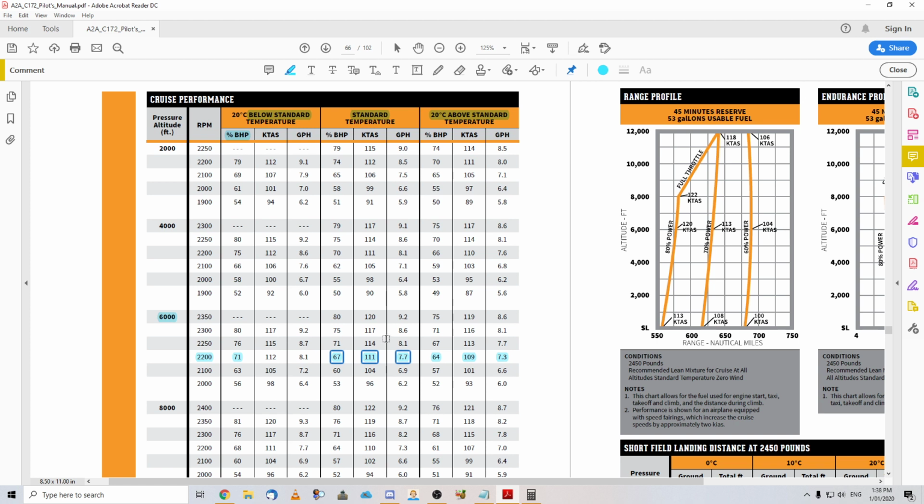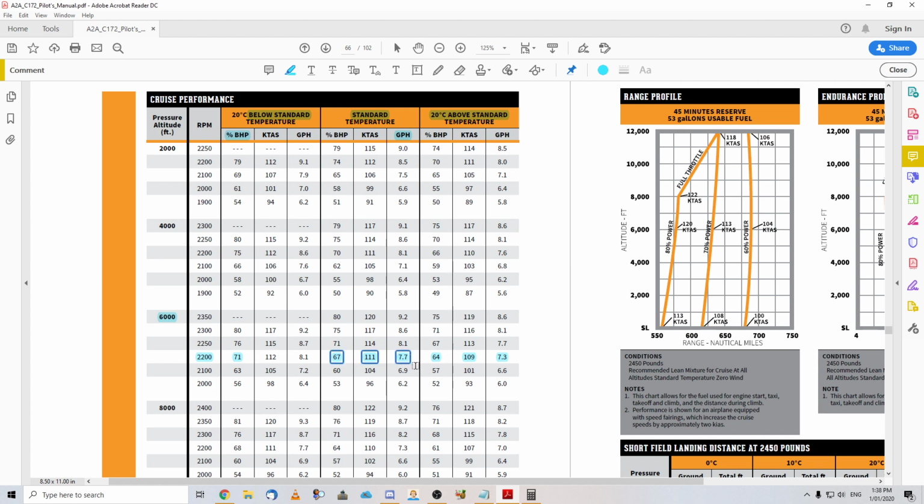I always err on the side of caution. And I know that if I go down to use standard temperature, the calculation will involve over-calculating fuel. But it's not going to be that much because the difference between standard temperature and your fuel used, which is gallons per hour, 7.7 there and 7.3 there, it's only 0.4.